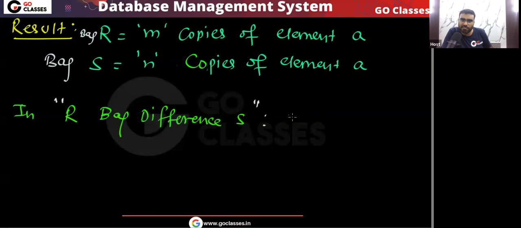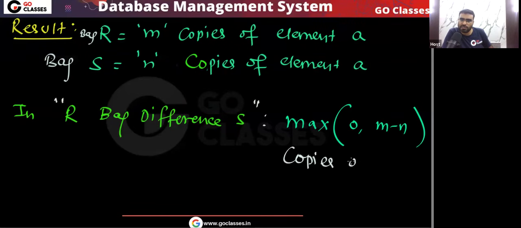But that can be negative. So I can say whatever is max. Either 0 will be max or m minus n will be max. Whatever is max, these many copies of element A.